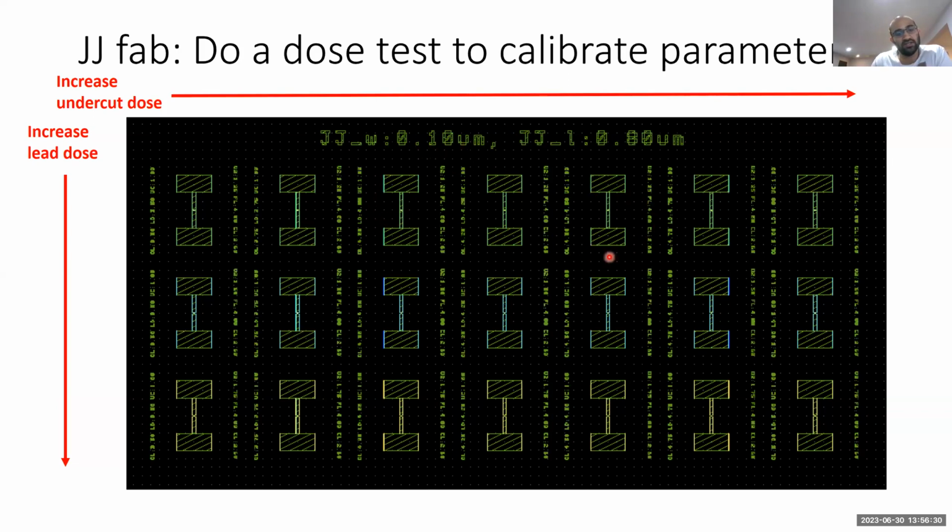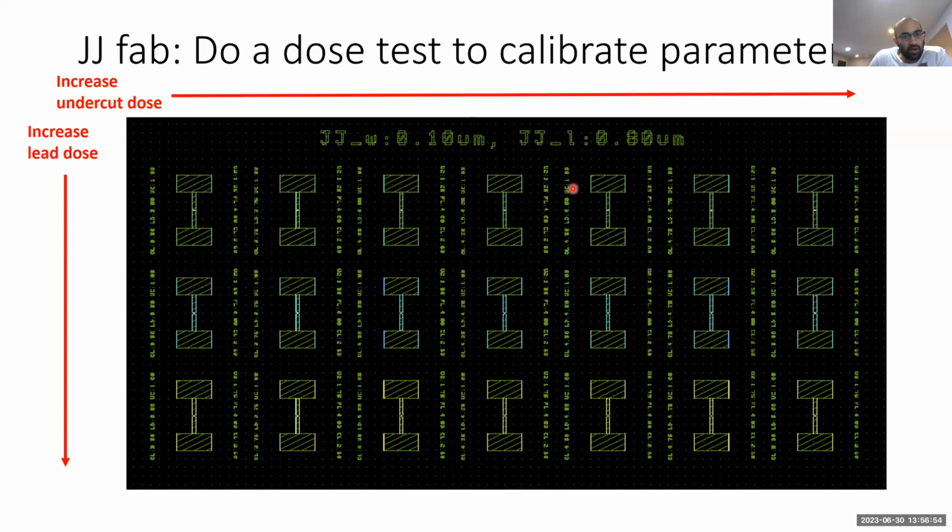set of resistances. In a proper dose array, at the lowest dose you won't have enough development and you won't have a junction, which means you'll probe either a short or an open. At the highest dose, you'll be overexposed and your bridge will likely have collapsed, so you'll have a short, for example.